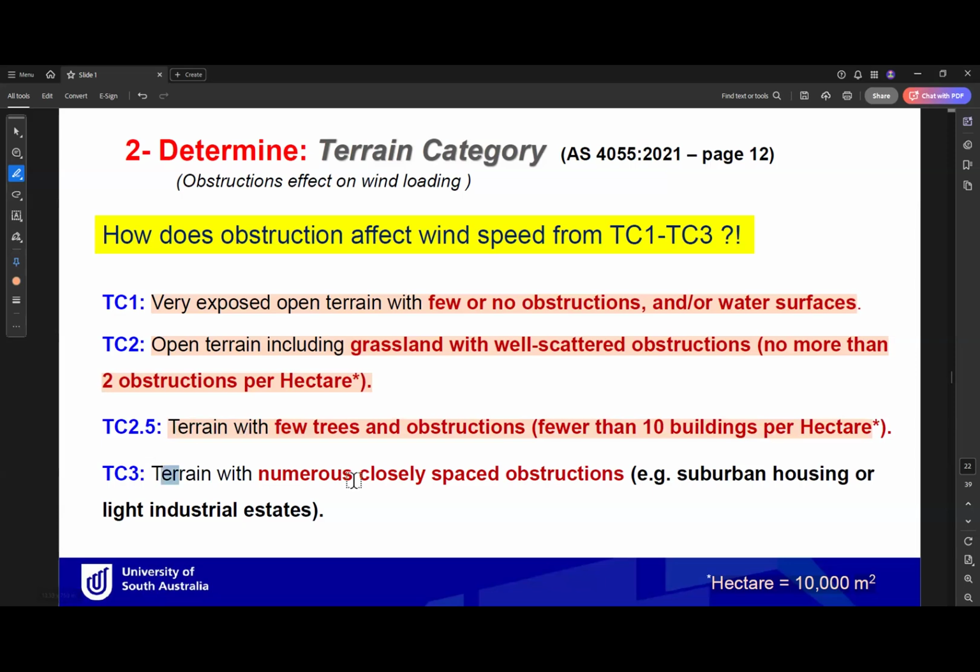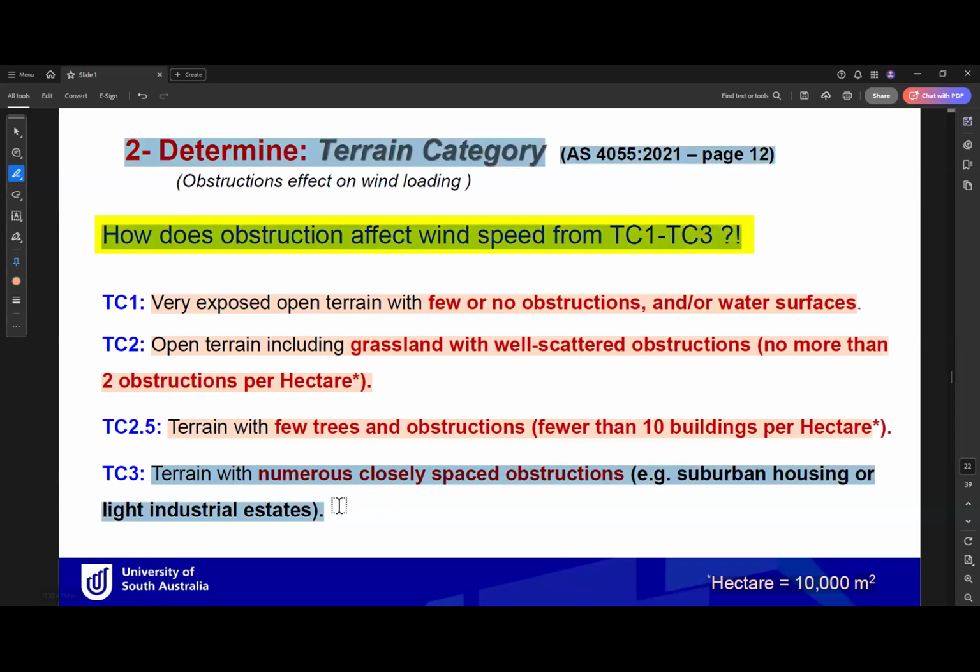TC3 is terrain with numerous closely spaced obstructions, like suburban housing or industrial estates.